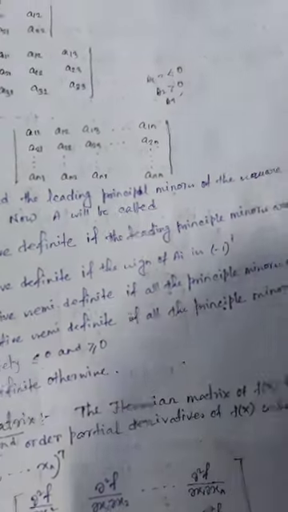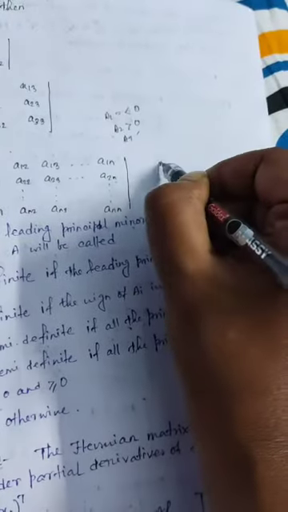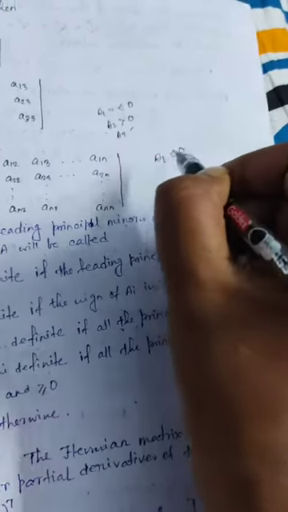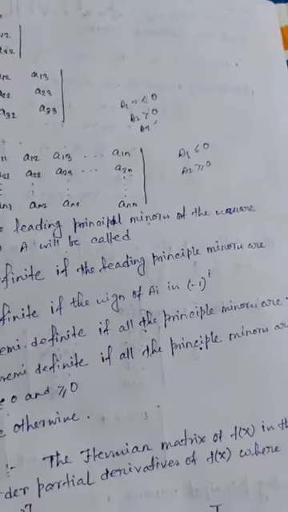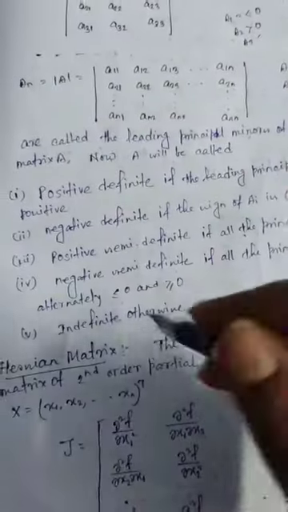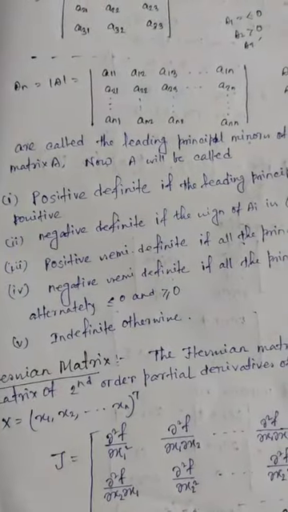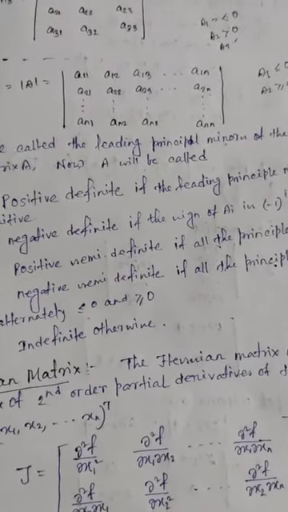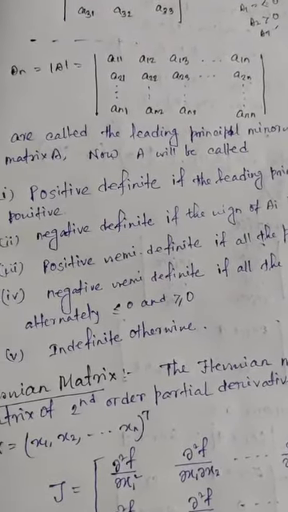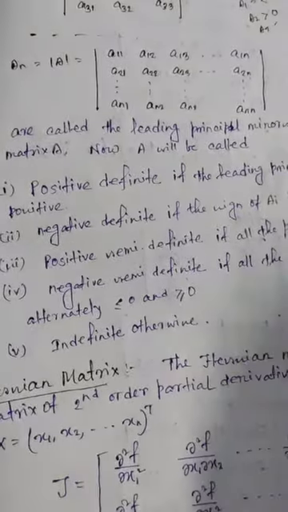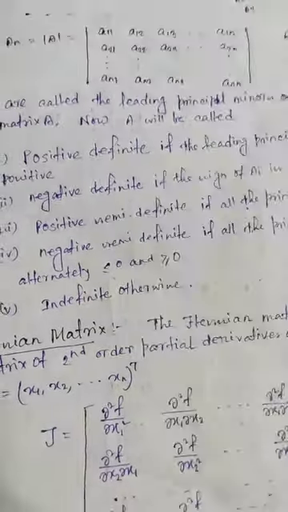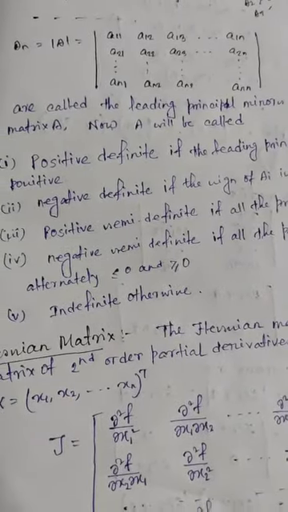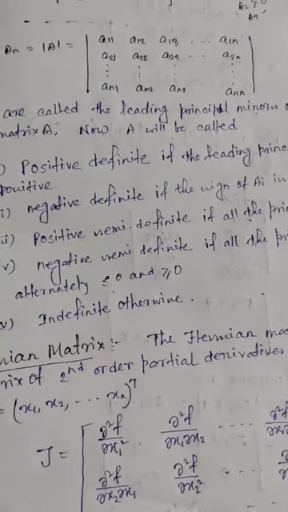That means a1 is less than or equal to 0, a2 is greater than or equal to 0, and so on. Otherwise it is said to be indefinite. And here one thing to remember: the order of the Hessian matrix is always equal to the number of independent variables in the given function.